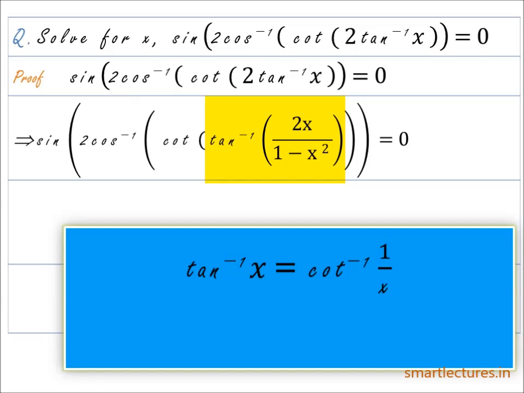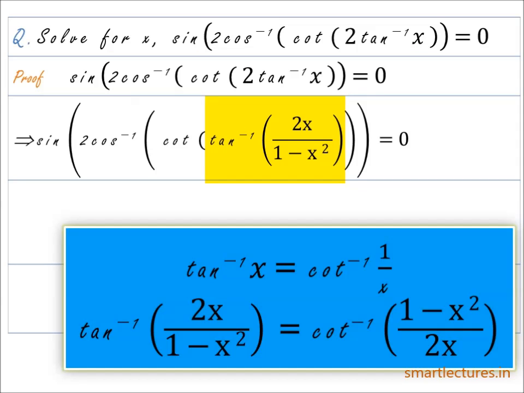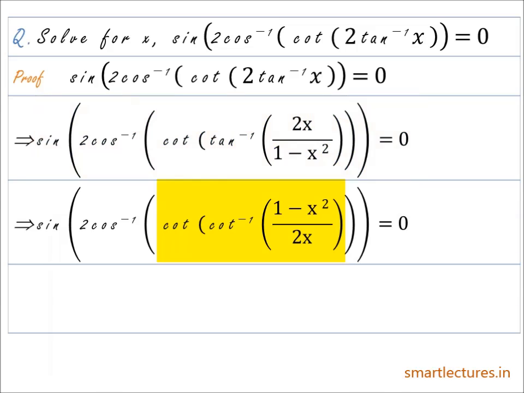So that means tan inverse 2x upon 1 minus x square can be also written as cot inverse 1 minus x square upon 2x. So this equation can be also written as sine of 2 cos inverse cotangent of cot inverse 1 minus x square upon 2x is equal to 0.